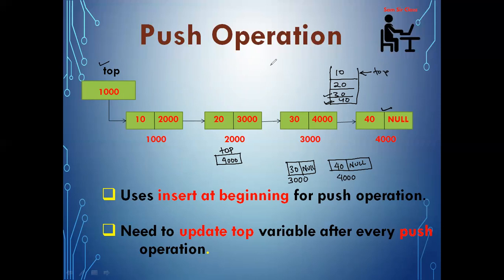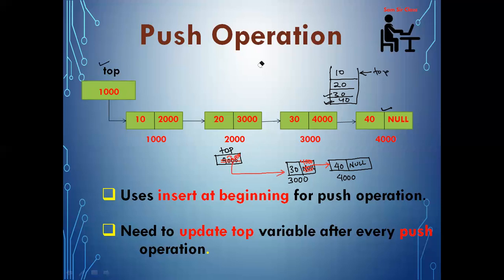So the next part of temp, I'll update with the value of top, so that both the nodes will be connected. After that, this 3000 should be present above 40, so top will point to 3000.